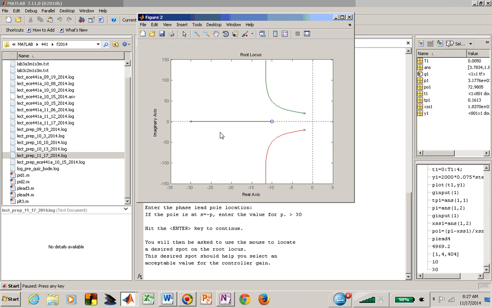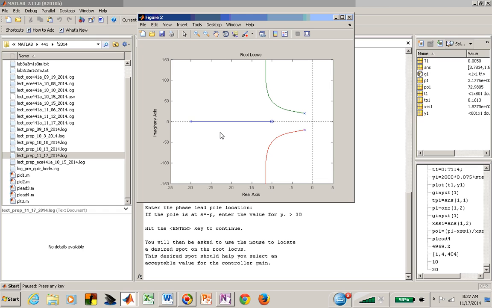And this is the root locus that results from that pole-zero pattern that I have with a phase lead, a zero at minus 10 and a pole at minus 30. And it does do that behavior that I suggested in terms of the root locus pattern. Now what it wants is for you to hit the enter key.